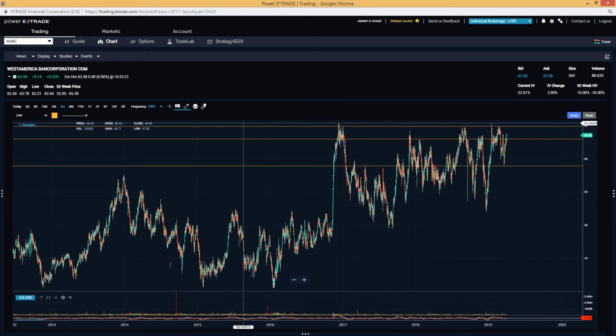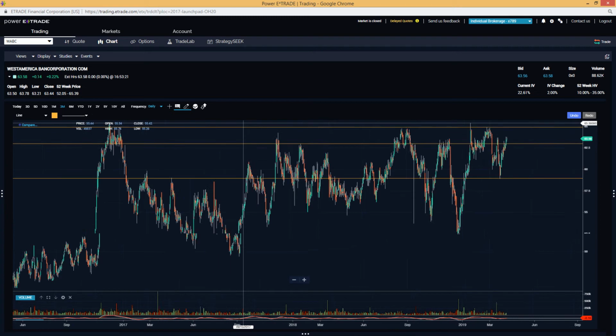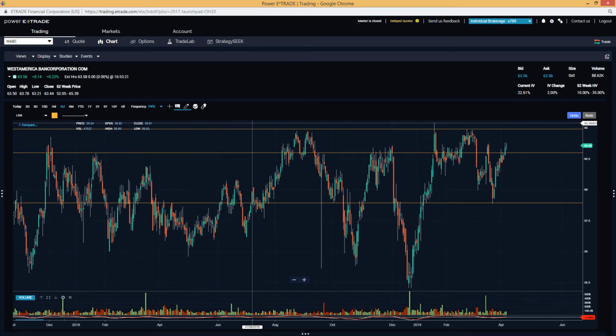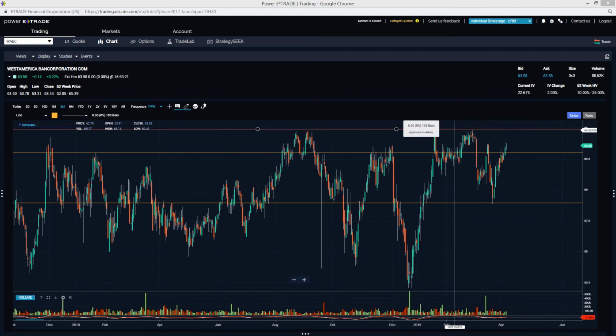I think we did a $66 stop loss on this one, just to minimize our risk. That would be about 3% there. And instead, what we saw was an 8% return from this short possibility. So we risked 3% to gain 8%.